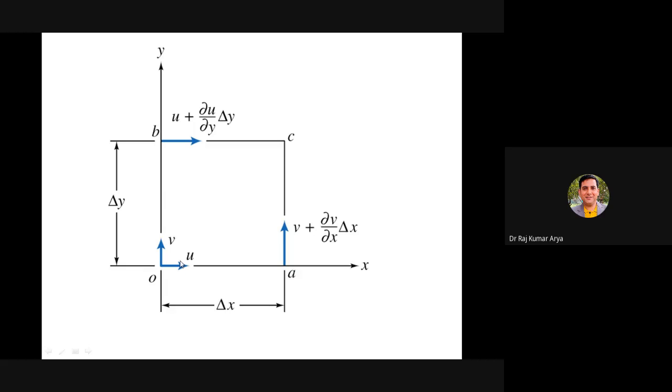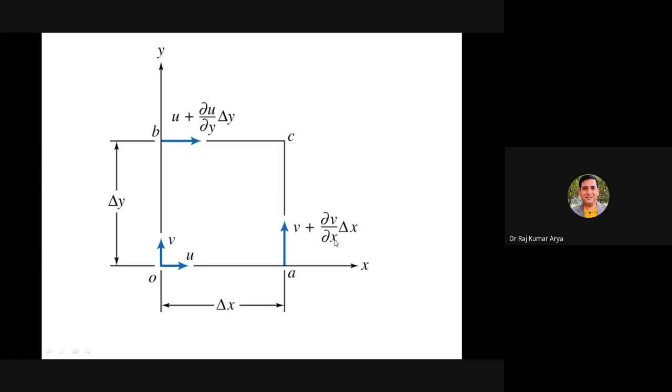Same thing, v velocity would change with respect to the x coordinate, because this side is its plane. Wherever you have surfaces or stresses, the velocity would change only on that particular side. So here you got the velocity of v. What should be the magnitude of velocity v here? You will get v plus del v upon del x times delta x by 2, right?